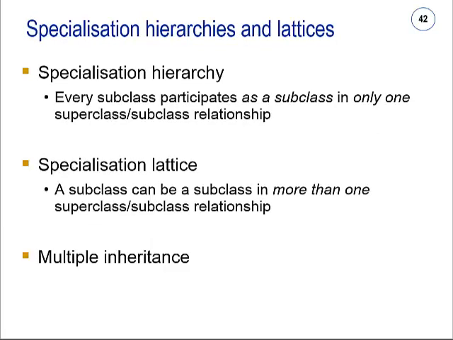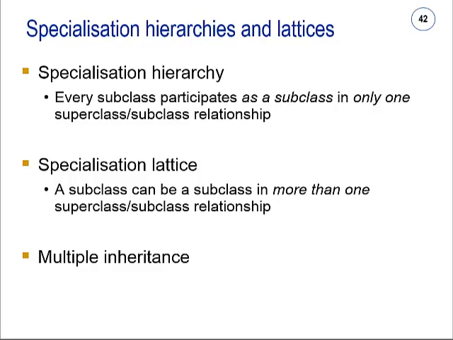Two very important concepts when talking about specialization and generalization are the ideas of a specialization hierarchy and a specialization lattice. In a hierarchy, as you can see it in organizations, you can have at most one boss. So every subclass participates as a subclass in only one superclass-subclass relationship.